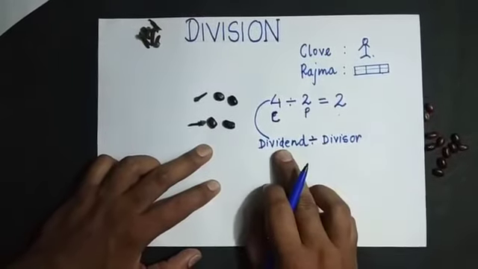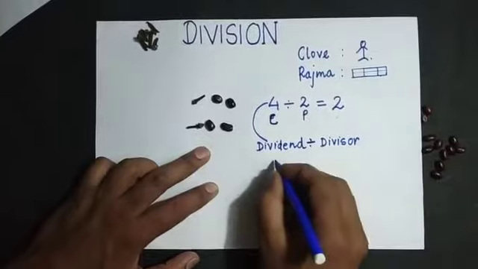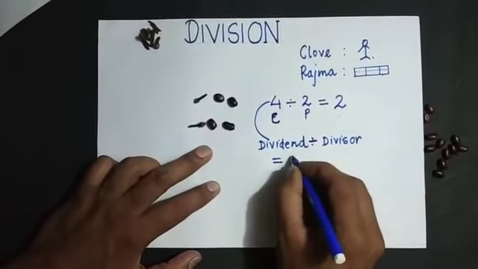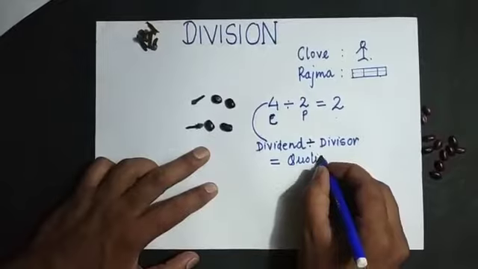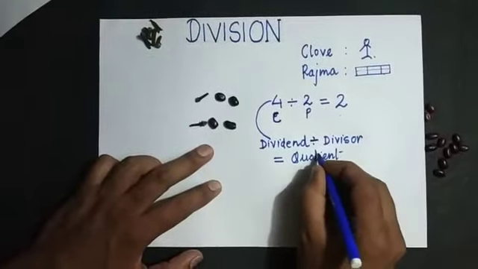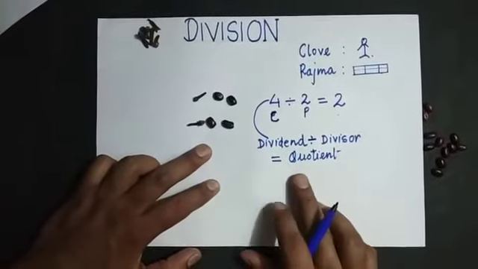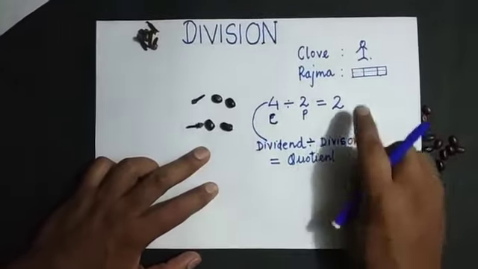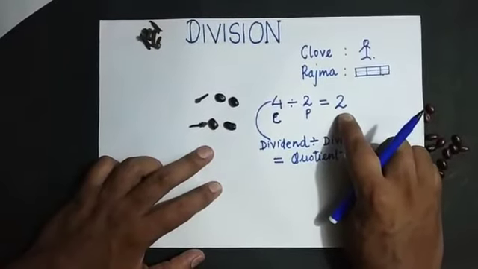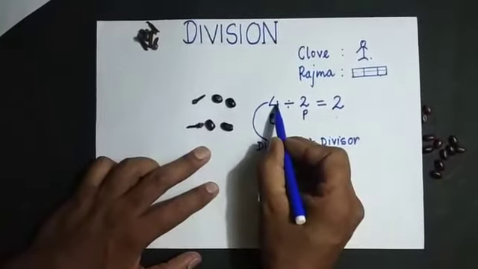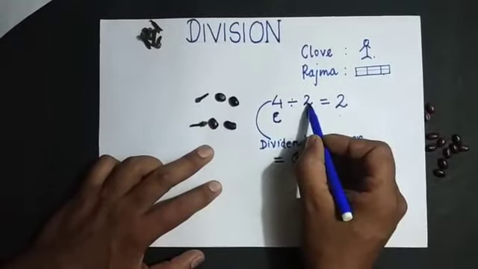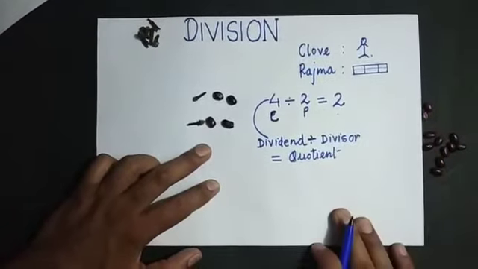When the dividend is divided by the divisor, you get the quotient. Whatever answer we get after the division is called the quotient. So 4 is the dividend, 2 is the divisor, and 2 is the quotient.